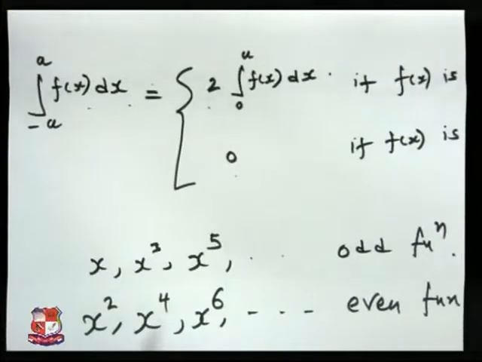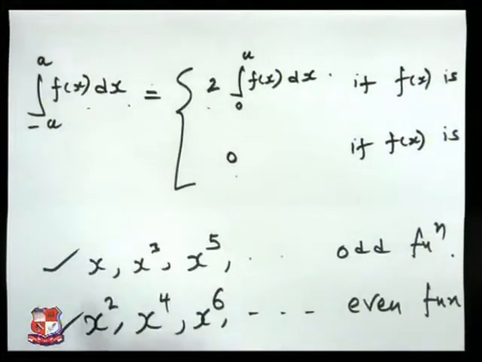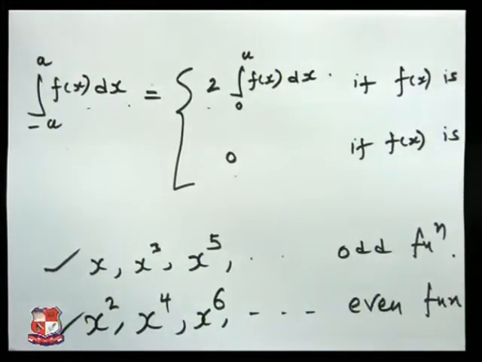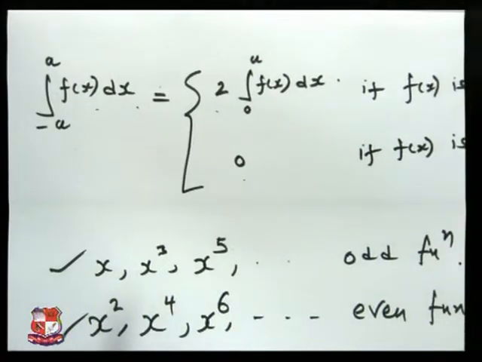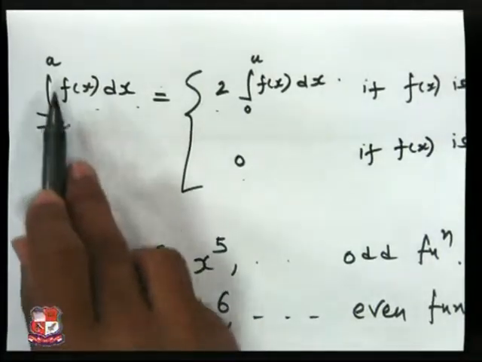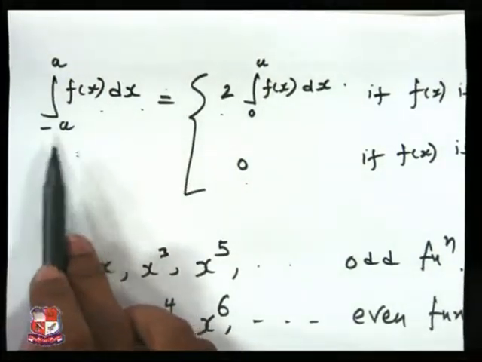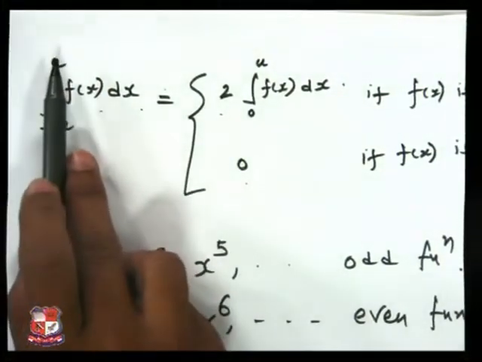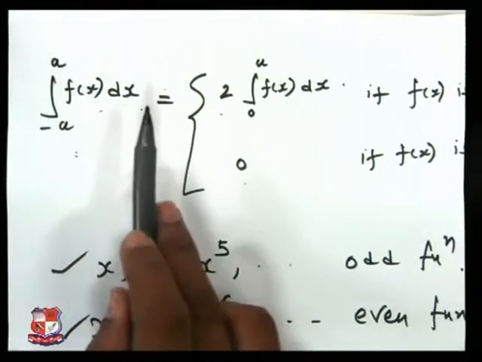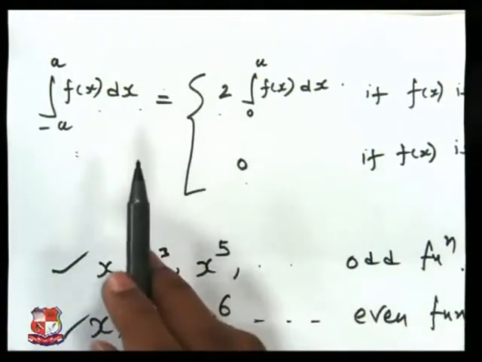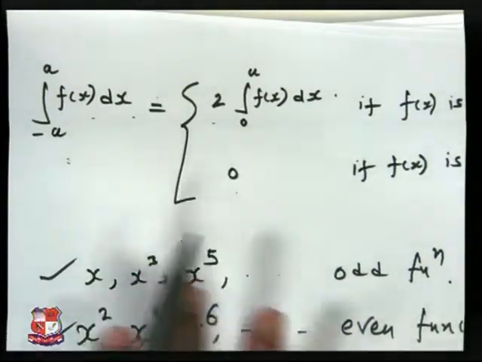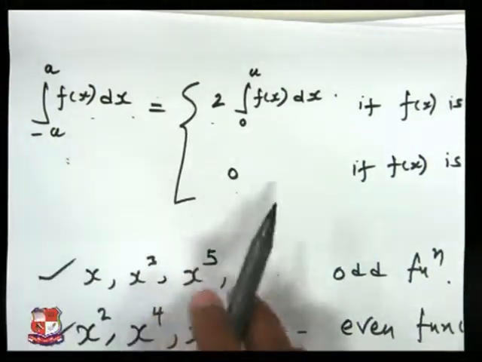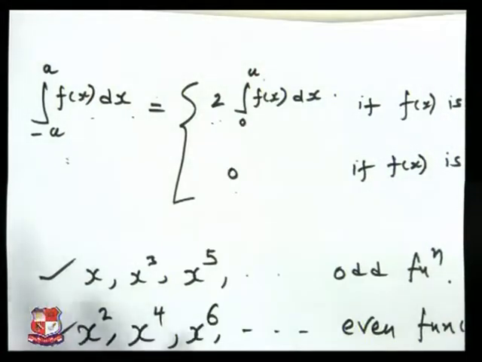So we use this theorem and these examples, right? Exactly the same thing happens here. Our integration is from minus 1 to 1, and in that integration we have x, x square, x cube. So the odd functions become 0 in the integration and the even functions become 2 times the integral from 0 to a.